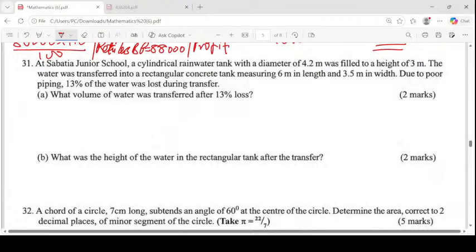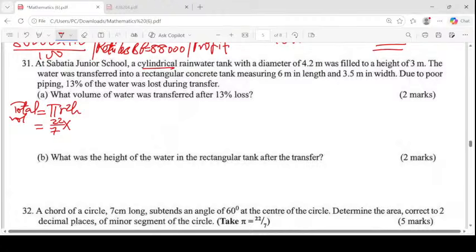So let's reread the question. We have a cylindrical rainwater tank with a diameter of 4.2 and a height of 3 filled with water. First of all, let me get the total volume. Because it is cylindrical, the total volume is given by the formula pi r squared h. My pi here is 22/7.